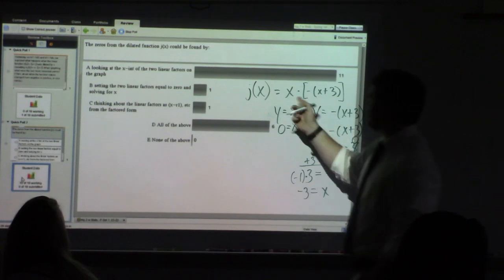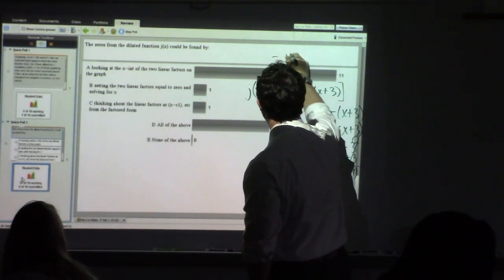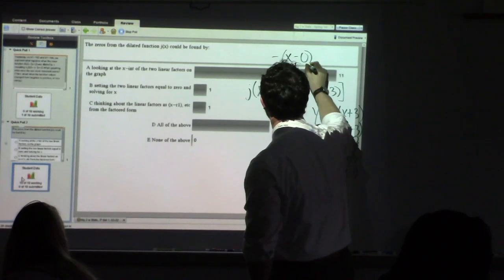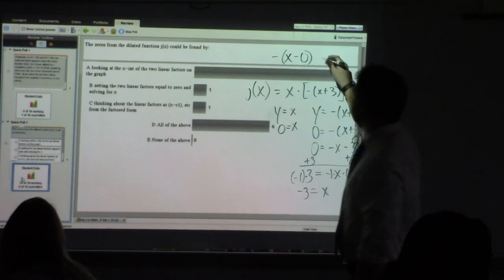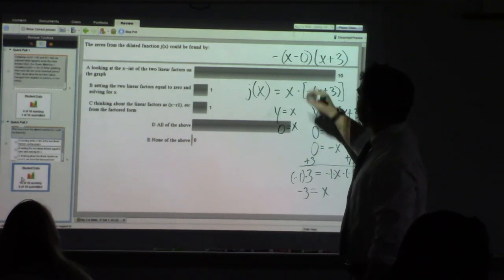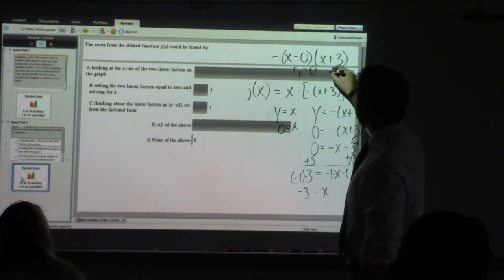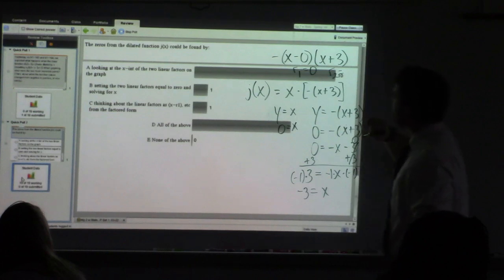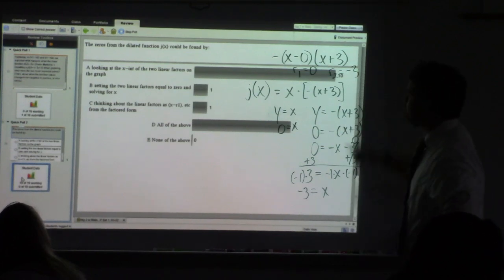I can rewrite this as negative x minus 0, we talked about that yesterday, x minus 0 is the same thing as x. And then that would be x plus 3. So R1 would equal 0. R2 would equal 3. Close. Be careful. Negative 3, remember I need that inverse.